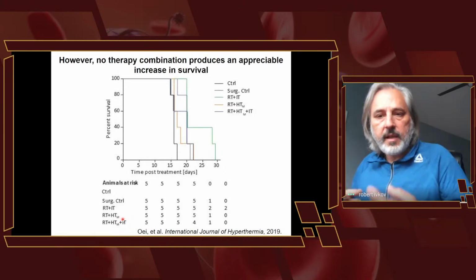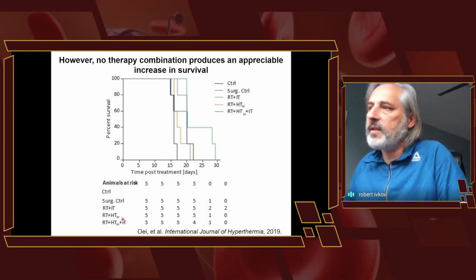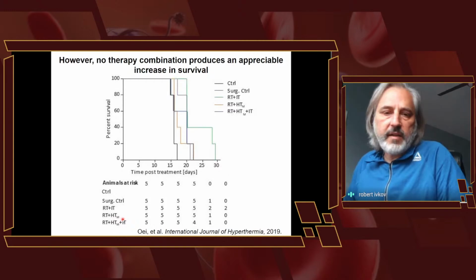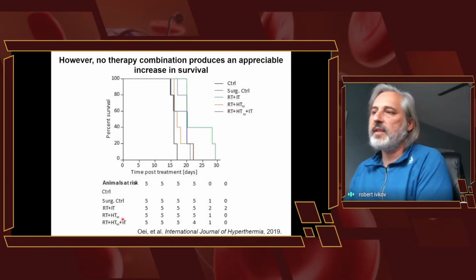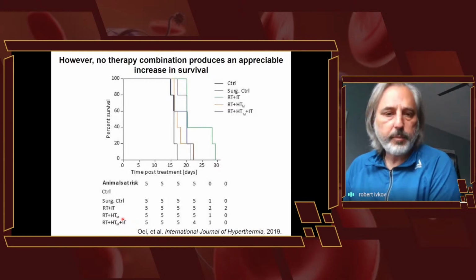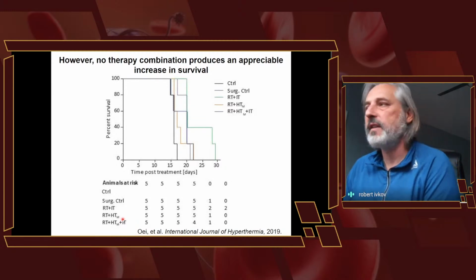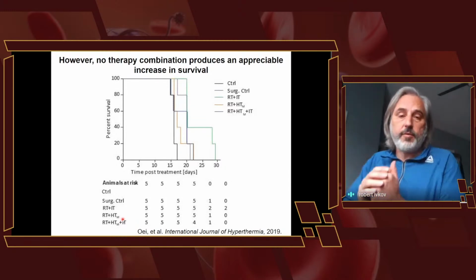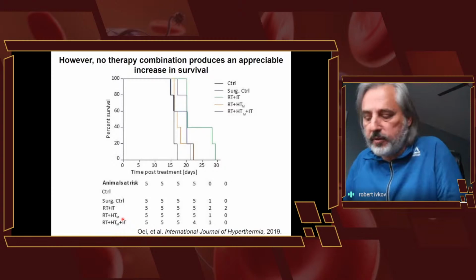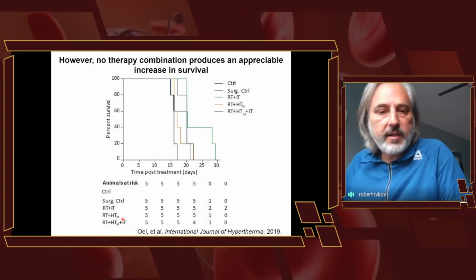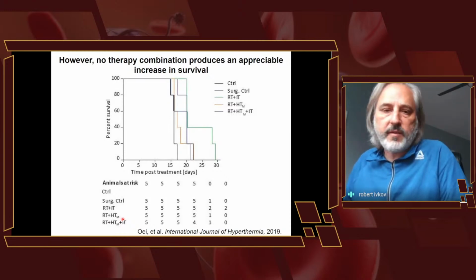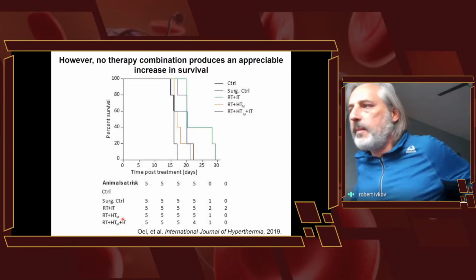But one of the things we also understand is that our treatment is probably not quite getting all of the tumor, because our quality assurance of the extent of treatment, or the degree to which we are able to treat, is not quite there yet. That's one of the challenges with MHT.